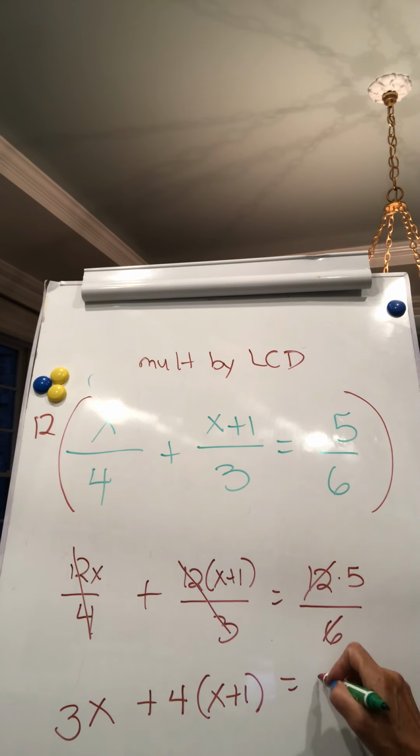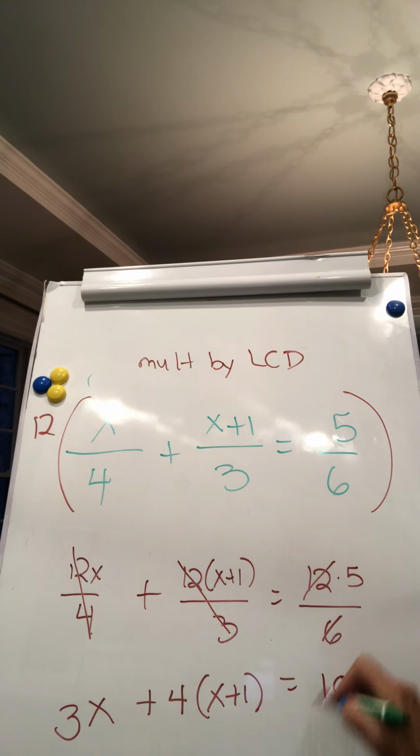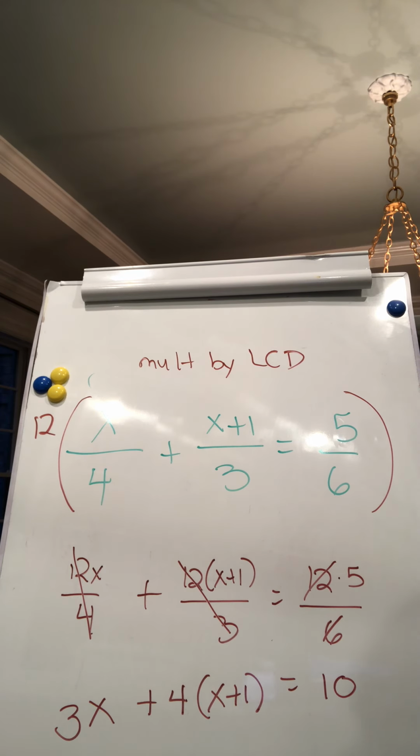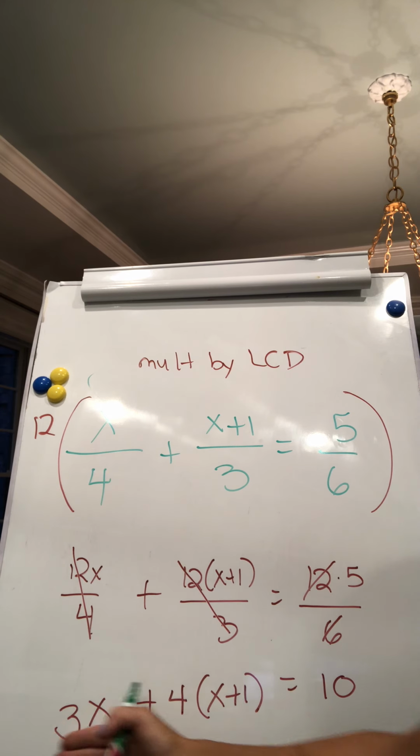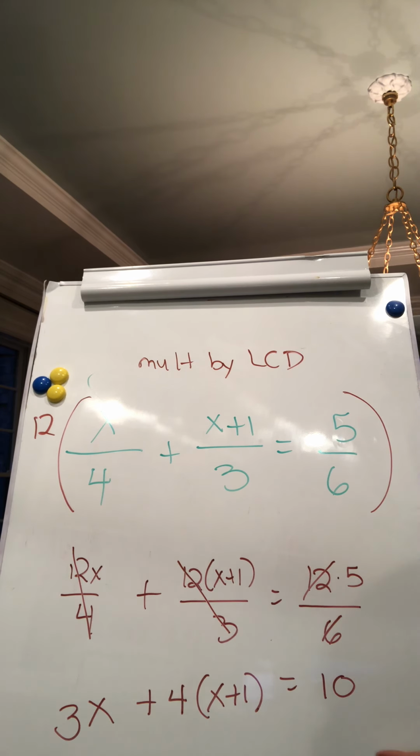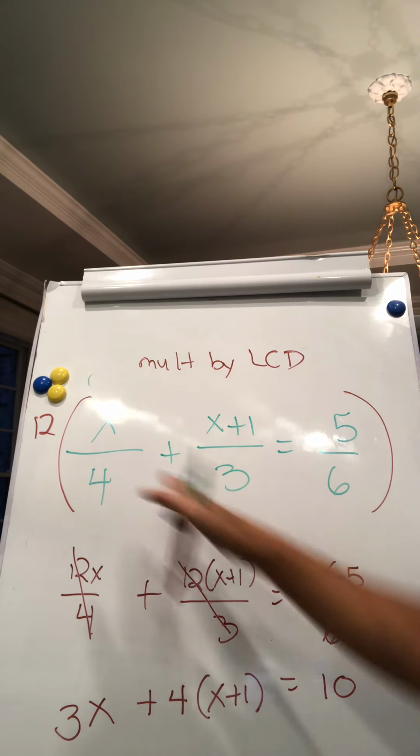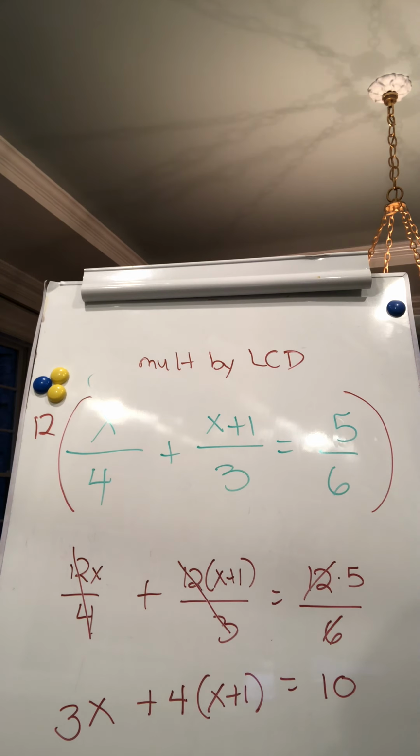And this simplifies to be 10. All right, that's very helpful because now I just have a very simple equation here. I can combine like terms and solve. So when you have an equation with fractions that is not a proportion, we want to multiply by the least common denominator. All right, try those problem sets and we're going to review them all tomorrow.